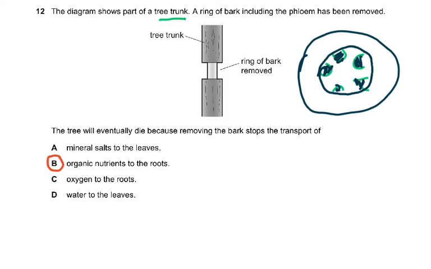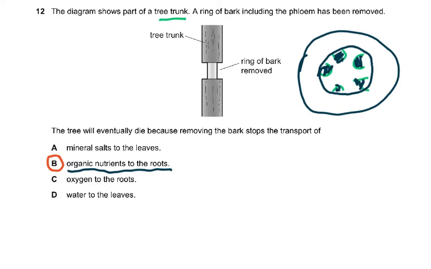So the diagram shows part of a tree trunk, a ring of bark including the phloem removed. The tree will eventually die because removing the bark stops the transport of organic nutrients to the roots. You see, xylem will carry the minerals and the water up to the leaves.